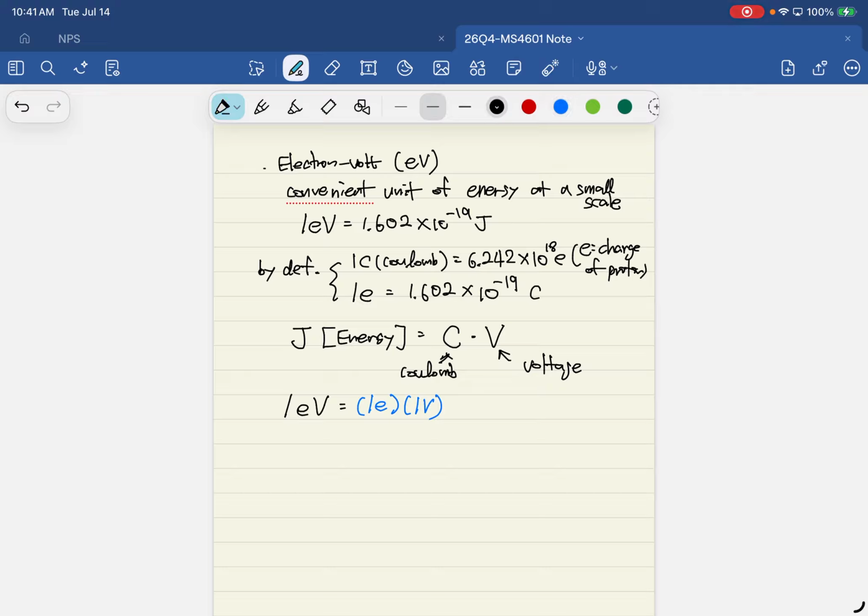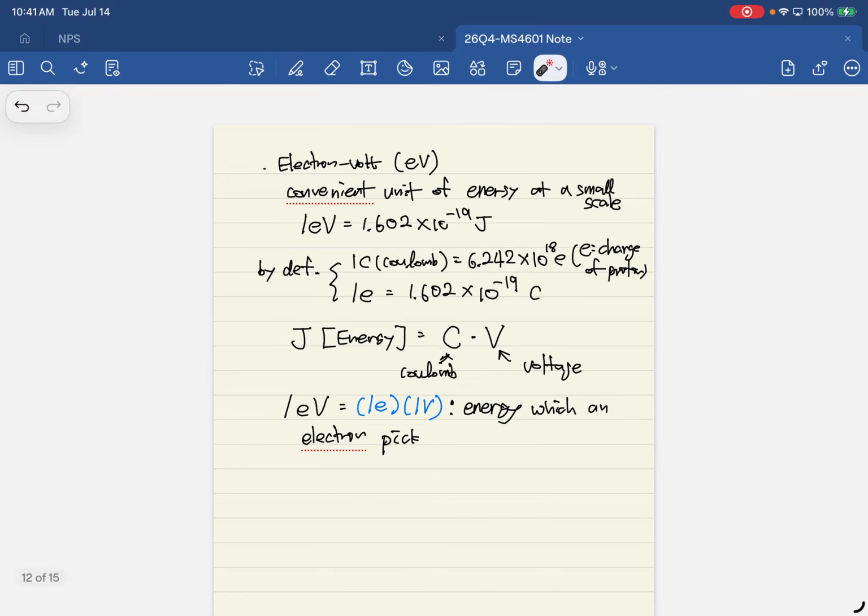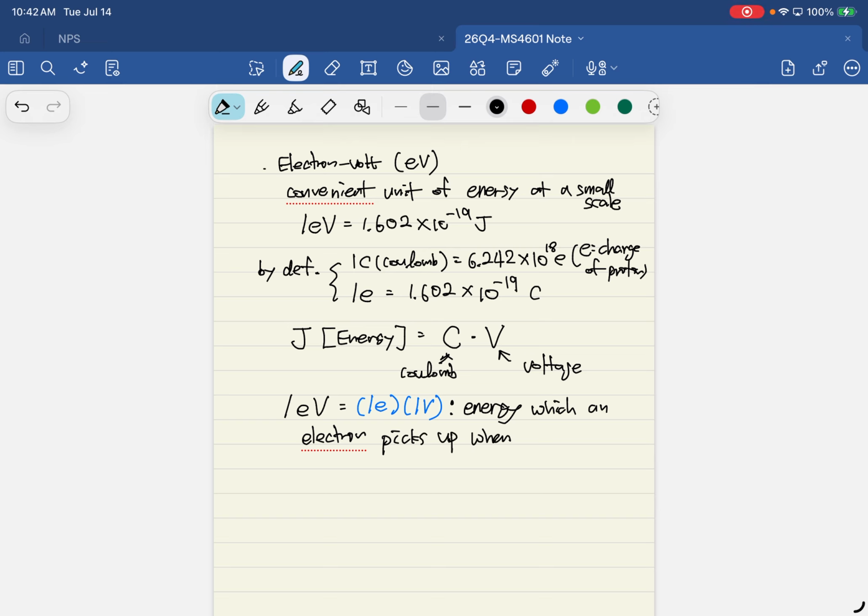The way you can understand this is that it is the energy which an electron, the charge, the 1e, picks up when accelerated across a potential difference of 1 volt.